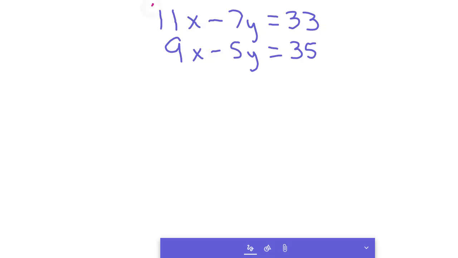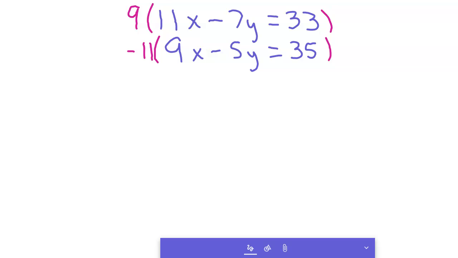It doesn't really matter. To do that, I need a least common multiple of 11 and 9. So I'm going to multiply the top equation by 9, and the bottom equation by negative 11, and distribute through.